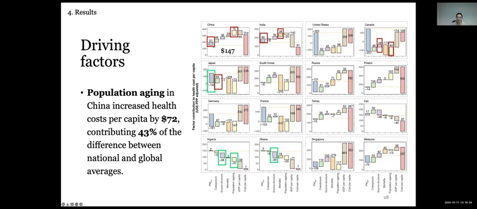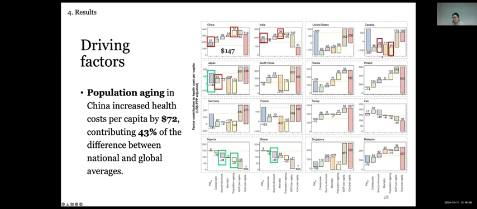If you look at China, PM concentration and population aging played a dominant role in increasing the health cost per capita compared with the global average. And for India, PM concentration and baseline mortality played a dominant role.